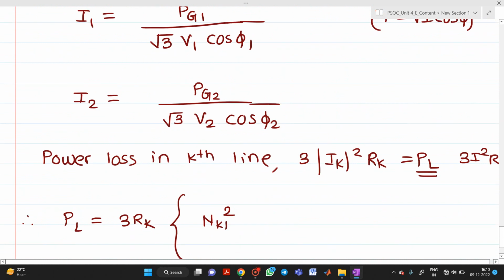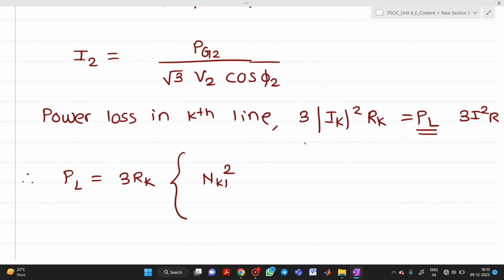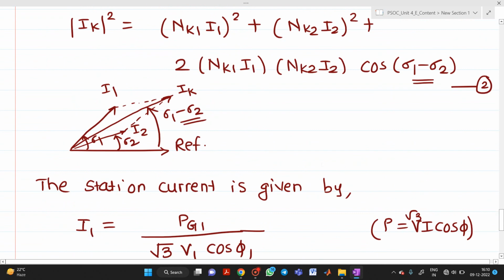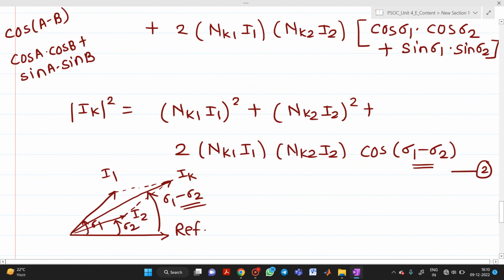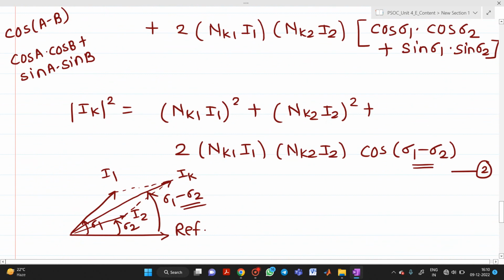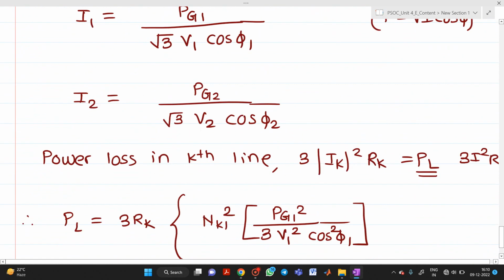If you square it, you will get Pg1 square divided by 3 into V1 square into cos square phi 1. Please see carefully what I did: 3 into Ik square Rk, so 3 into Rk as it is. In place of this mod Ik square, I have written this formula. And here in place of I1, I will put this term, and in place of I2, I will put this term.